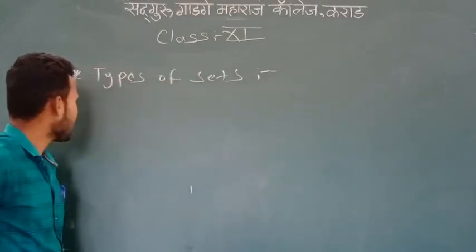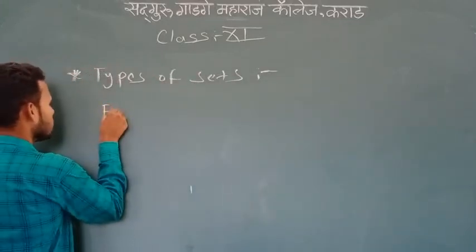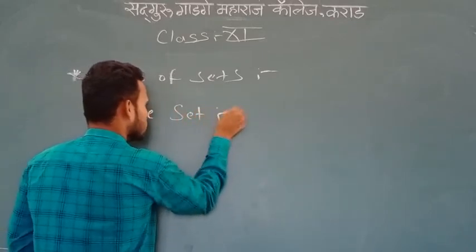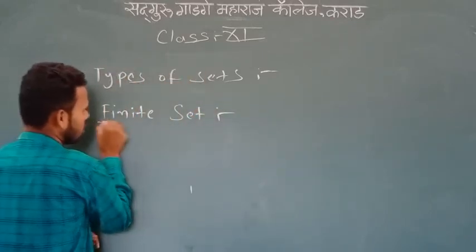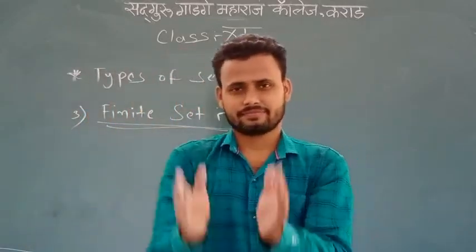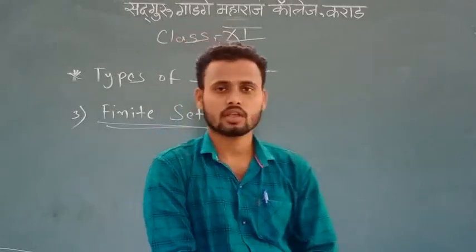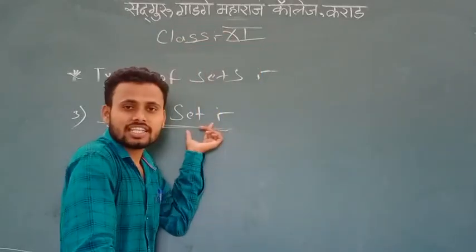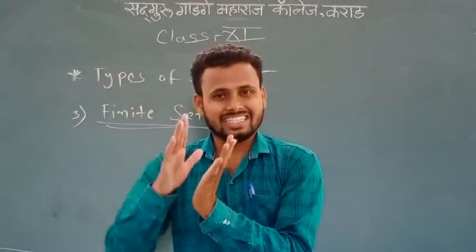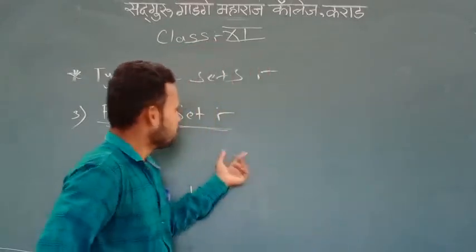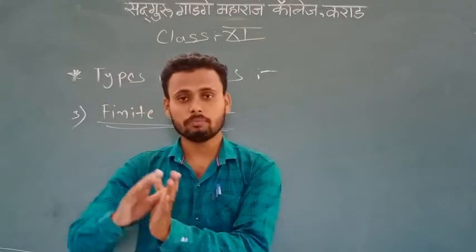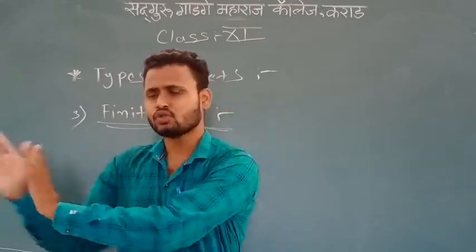The third one is the finite set. Now, the definition of a finite set: in a set, the process of counting of elements comes to an end.